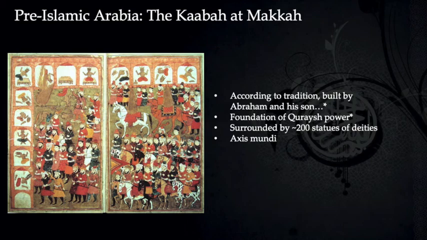And so that shrine, built by Abraham and his son Ishmael, became the foundation of Quraysh power. It's the reason that the trade caravan routes would go away from the coast and up to the hill country, to Mecca with these 200 deities.